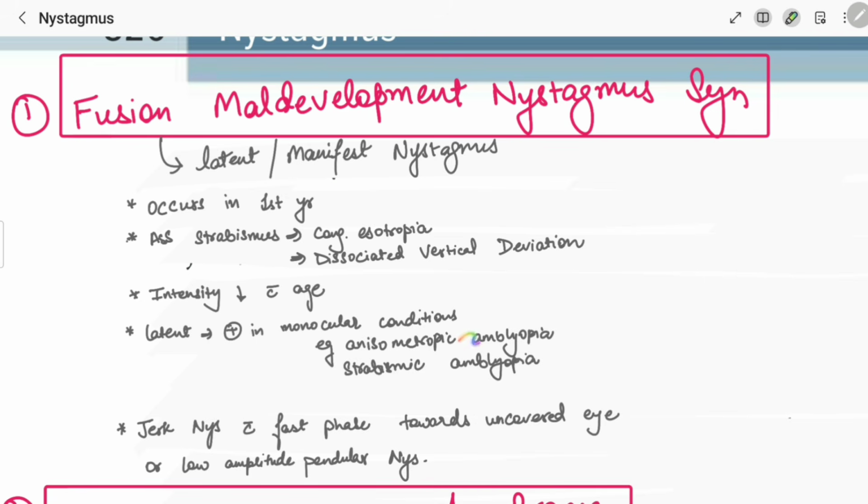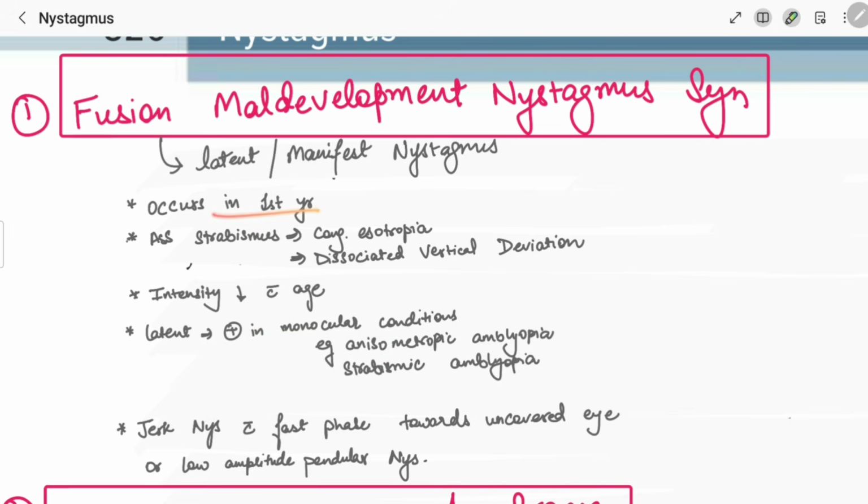So that can occur due to power difference in both the eyes, or it can occur due to an existing squint. So if amblyopia develops, that is, the child cannot see with one eye, we will say that this is a monocular condition. So this type of nystagmus manifests in monocular condition.